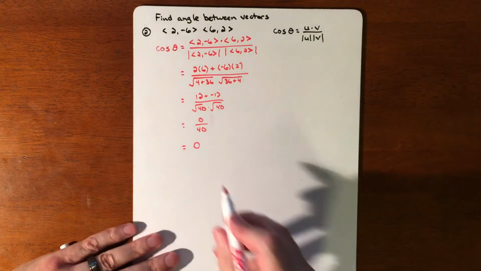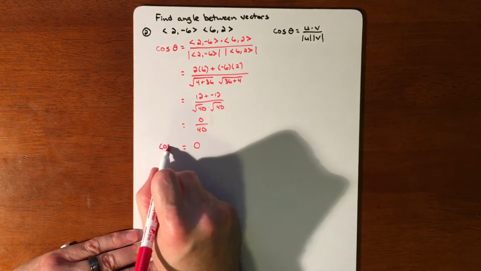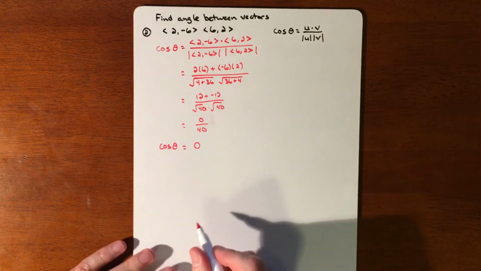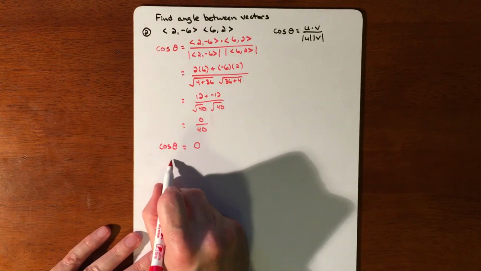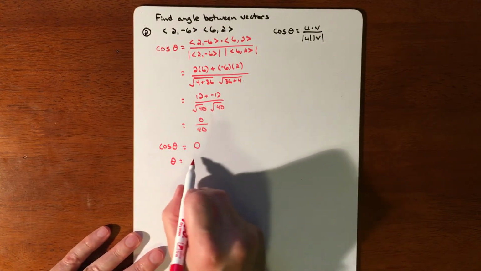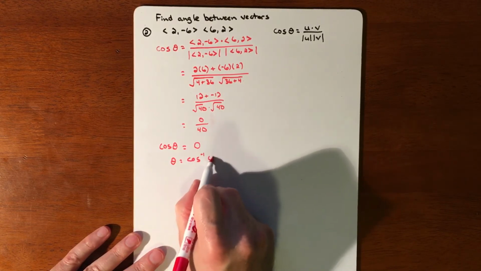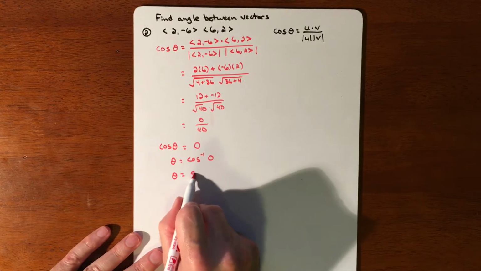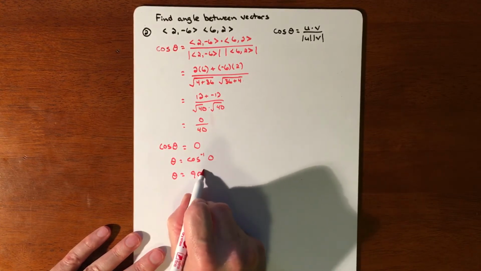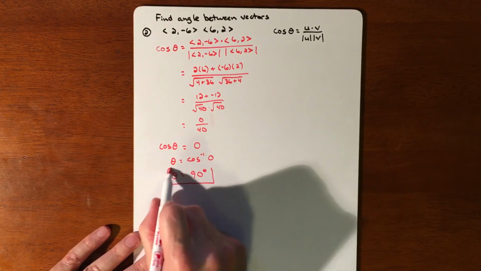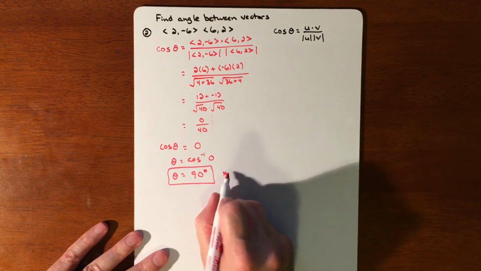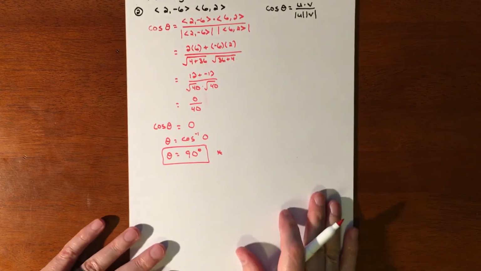Okay, so now we are trying to do the inverse cosine of this. So 0 is fine, but we're going to do the inverse cosine of that. So the inverse cosine of 0 is 90. So 90 degrees, and we have a saying for that. There's something that means.